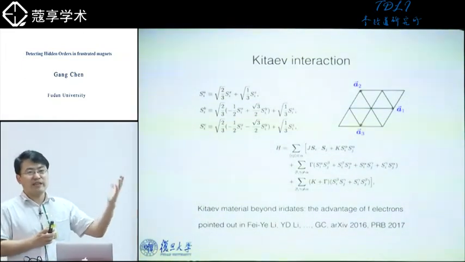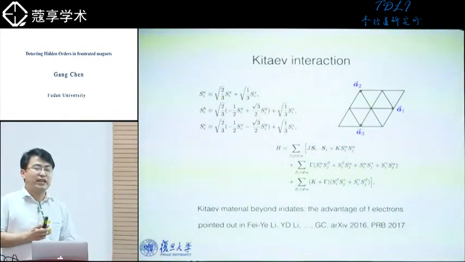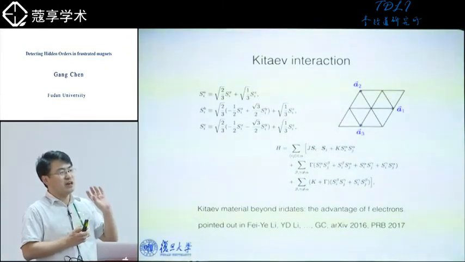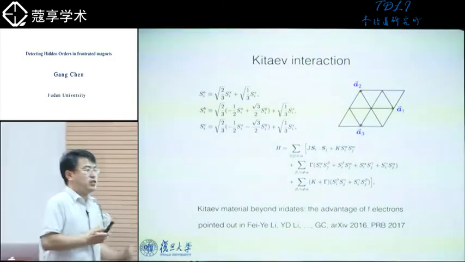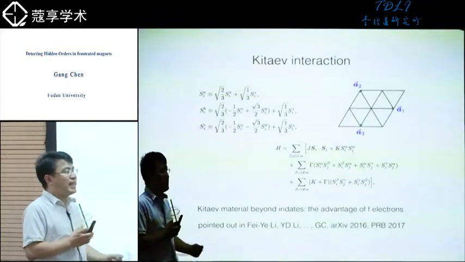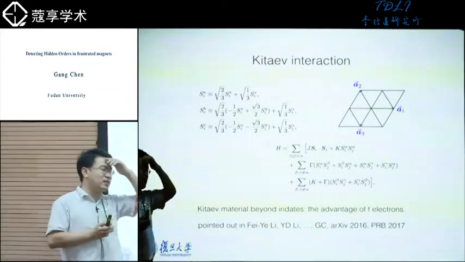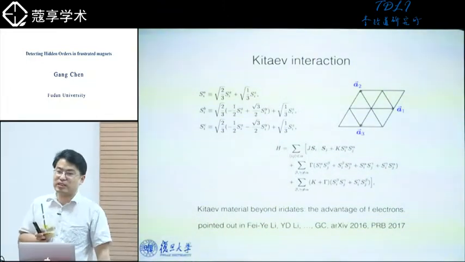These rare earths are much heavier, and the spin-orbit coupling is the dominant energy scale in the problem. Also the 4f electrons are much more localized, so you don't worry about further neighbor couplings. The interaction is mostly short-ranged, nearest neighbor. In that sense, these rare earth-based magnets can be much better Kitaev materials than these 4D and 5D elements.